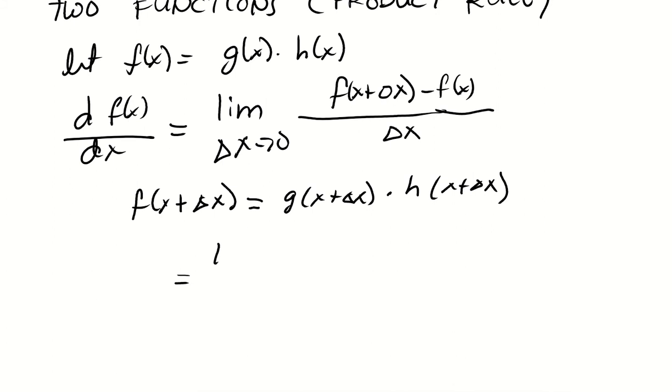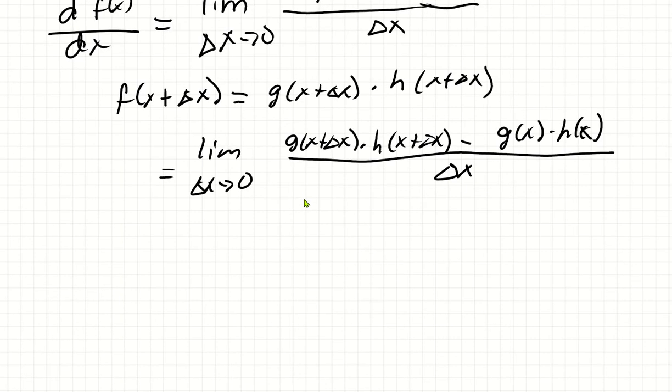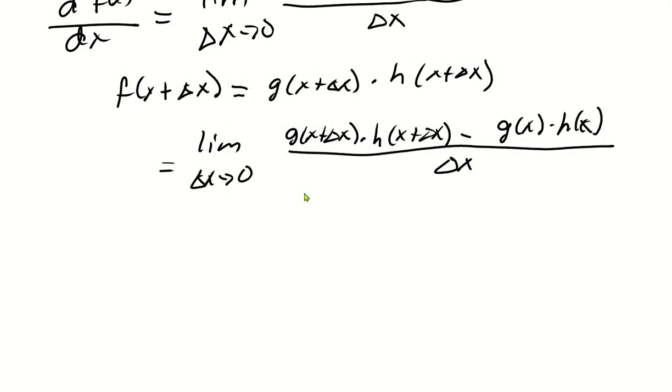So this will be the limit as delta x approaches 0 of g of x plus delta x times h of x plus delta x, then minus f of x, which is g of x times h of x, all over delta x. Then to simplify this one, we need some tricks.